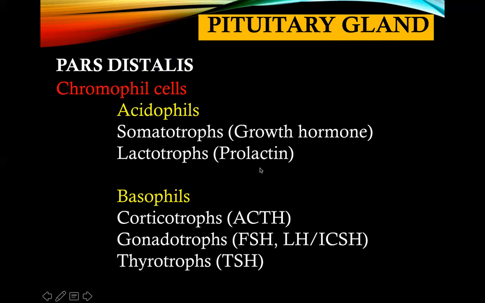Lactotropes produce prolactin. For the basophilic chromophils, the corticotropes release adrenocorticotropic hormone. Gonadotropes, on the other hand, release the following: your FSH, your LH, and your ICSH. And the thyrotropes, or your thyrotrophic cells, release your thyroid stimulating hormone.